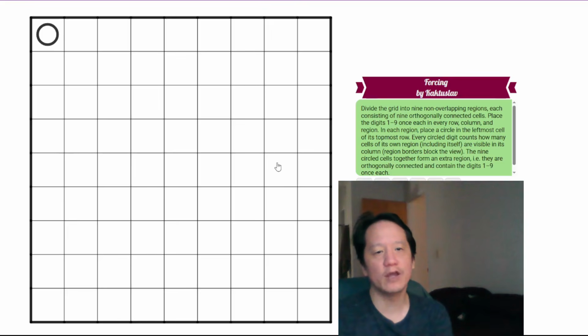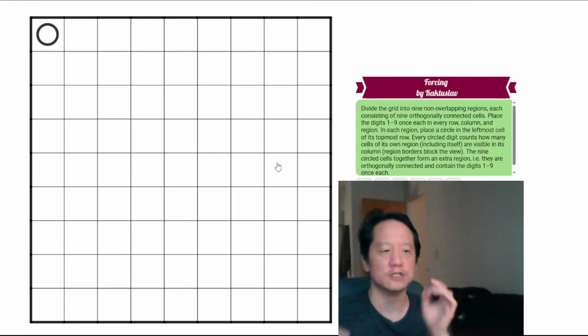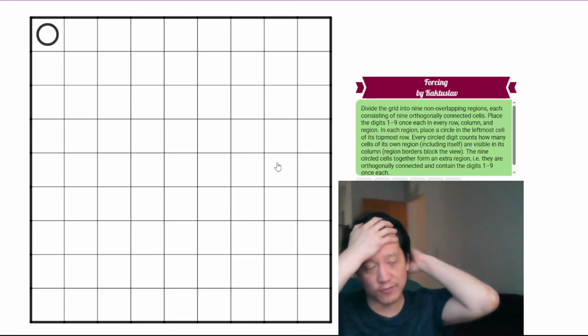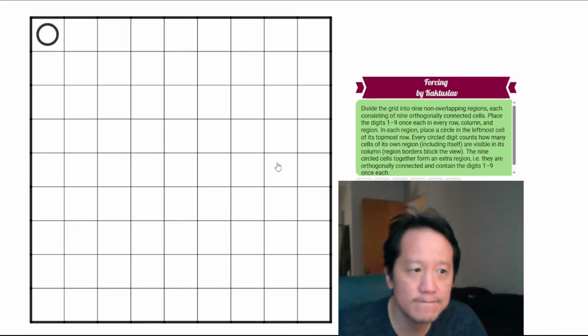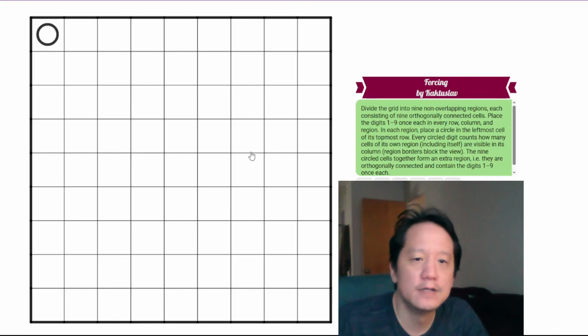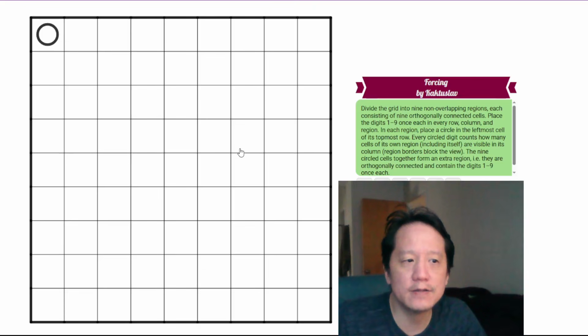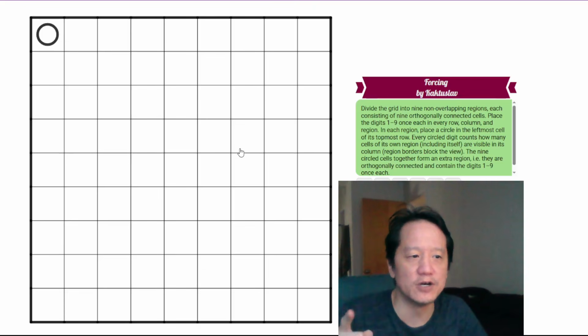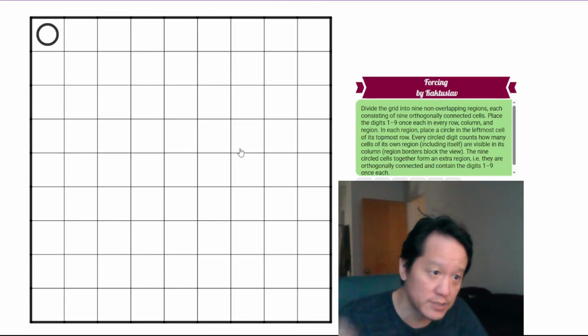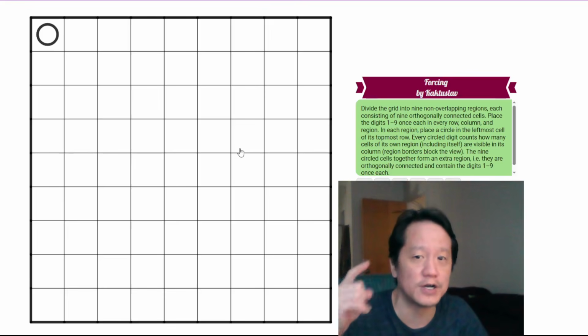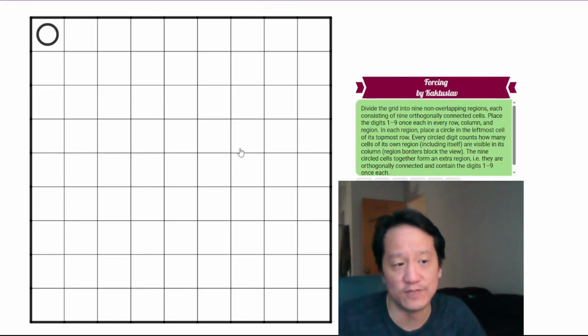But all 9 regions have to be able to form an orthogonally connected region, right? And sorry, the leftmost cell of the topmost row of all 9 regions must be able to form an orthogonally connected region in itself.